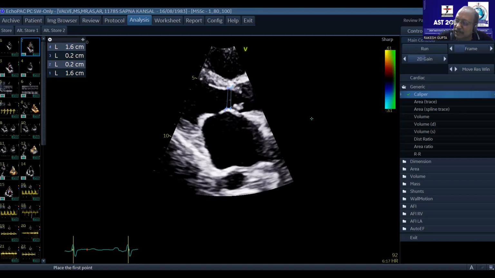So how much is the volume of blood going through LVOT? 0.8 into 0.8 into 3.14 into 26.71.